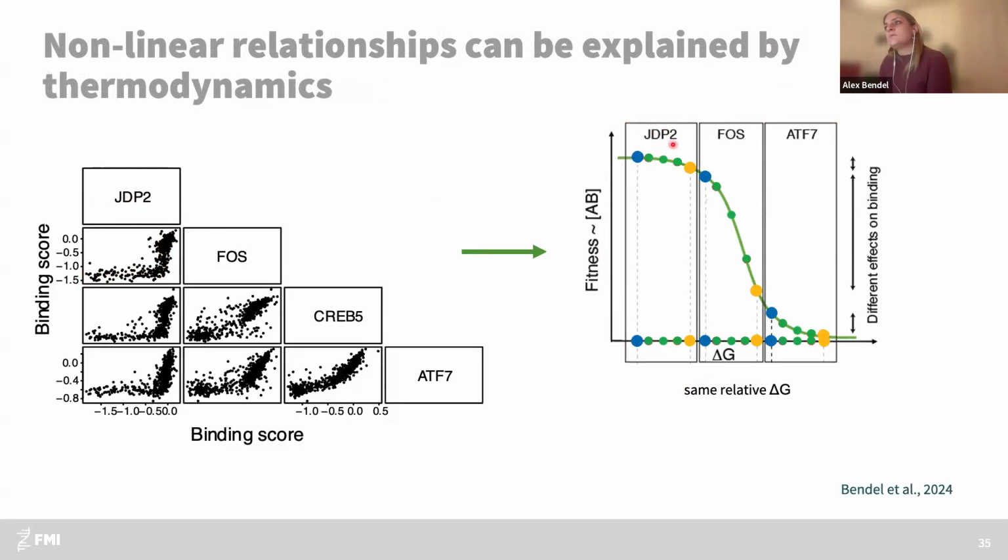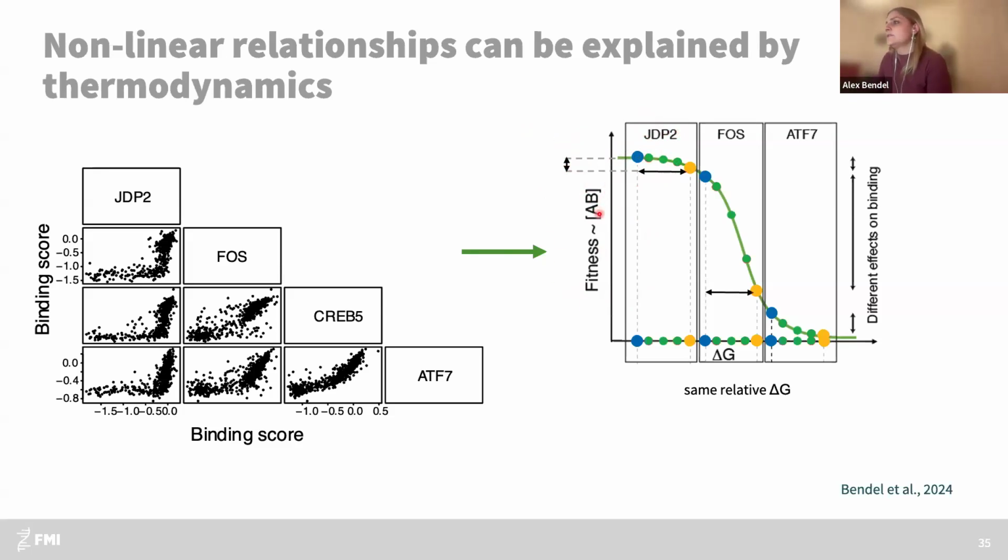In the case of JDP2, where the wild-type interaction between JUN and JDP2 is already really strong, the mutation that has a certain delta G will result in only a small measurable difference in how many dimers can be formed, because almost all proteins in the cell are already in a dimer. So even if the mutation increases the interaction strength, we will not form many more dimers and will therefore not see a strong change in our fitness score.